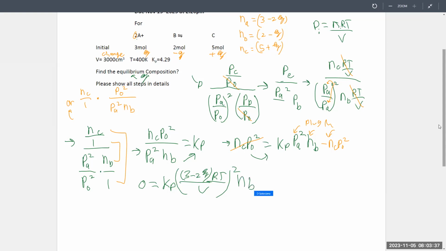NB. Oh, I'm plugging that in, never mind. Times 2 minus the E thing, minus 5 plus equilibrium composition, the E thing, P naught.